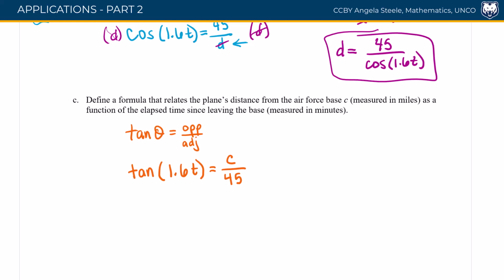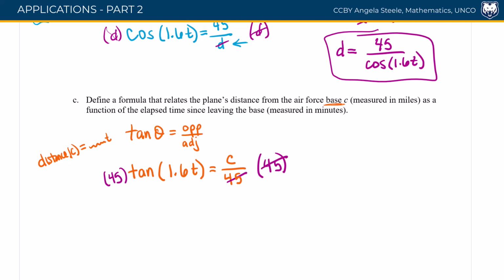Okay, and so in the definition here it says define a formula that relates the plane's distance from the Air Force Base as a function of time. So again, we want distance, in this case our C, to be equal to some expression with t as the variable. So basically that means we want to isolate our C value. So we are going to isolate that C, which means we're going to multiply both sides by 45.